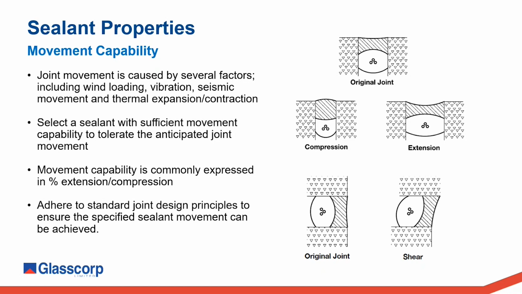In the product technical data sheets, movement capability will often be expressed in the form of a percentage, given as a percentage of extension and compression of the sealant. Finally, when designing a joint for sealant movement, standard joint design principles must be applied to ensure that the joint can accommodate the movement specified in the product technical data sheet.